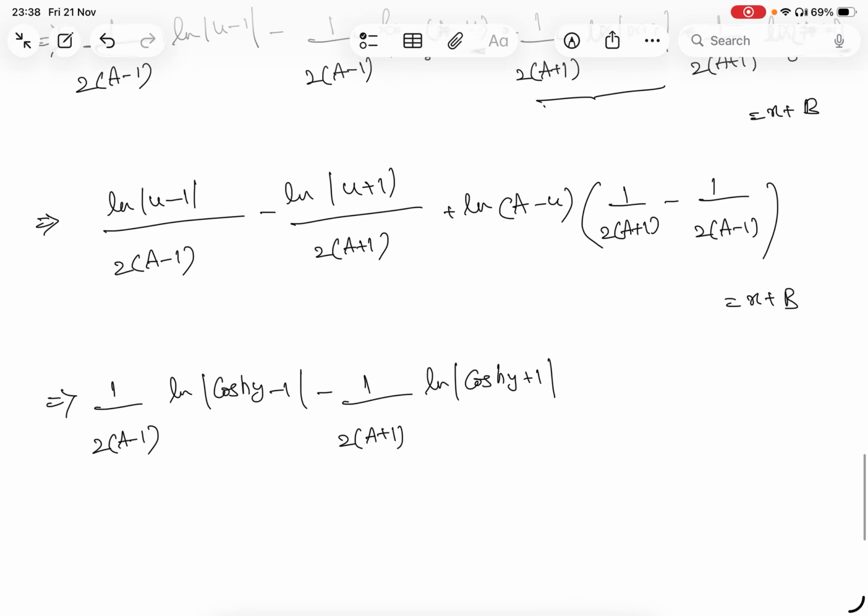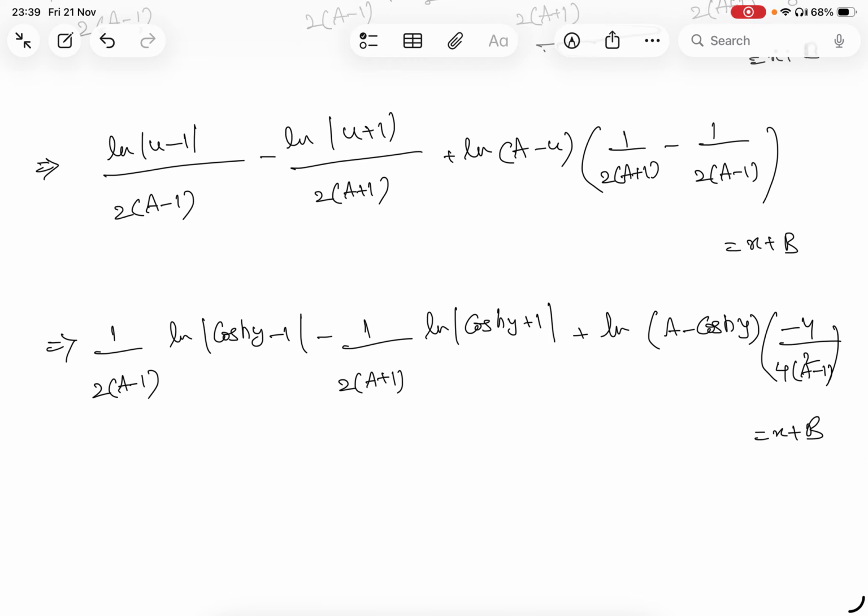Now this next term is plus ln of a minus cos hy into this term will be, as you can see, 2a minus 2 minus 2a minus 2, right, which will be the numerator minus 4 by 4 into a square minus 1 is equal to x plus b. Fine. Now this 4 will get cancelled.